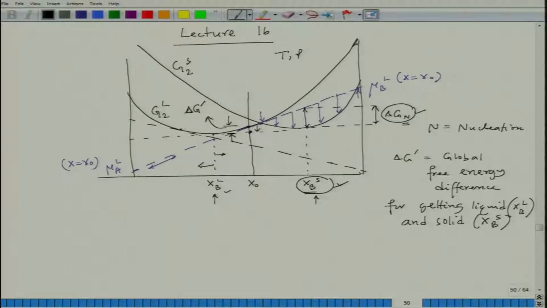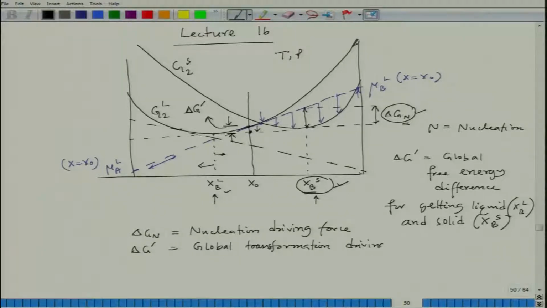So we have two free energy terms, one is delta Gn, another one is delta G prime. This is the nucleation driving force, and this is the global transformation driving force.